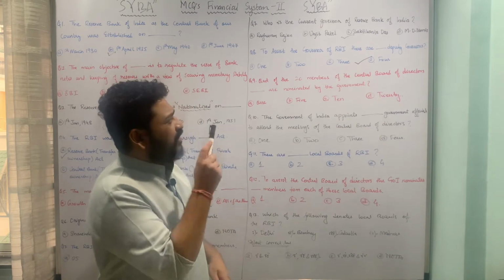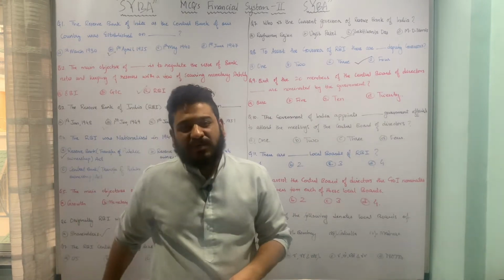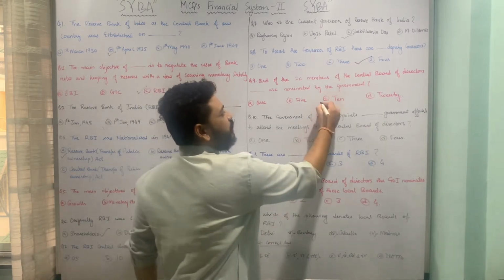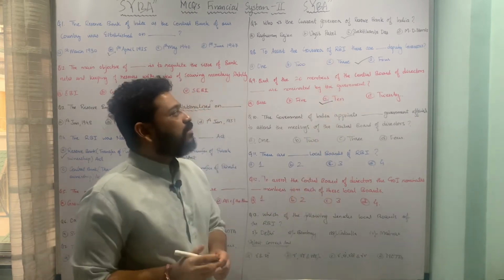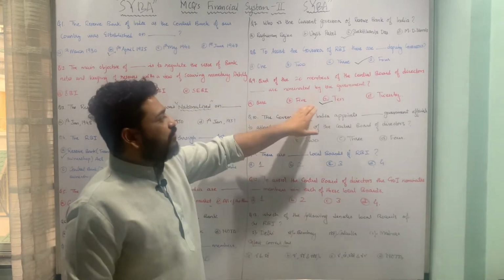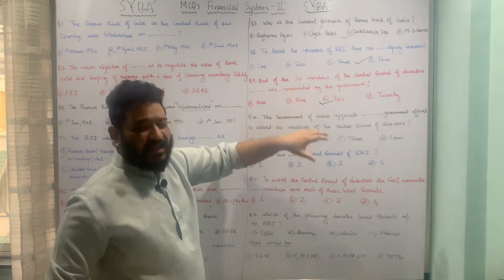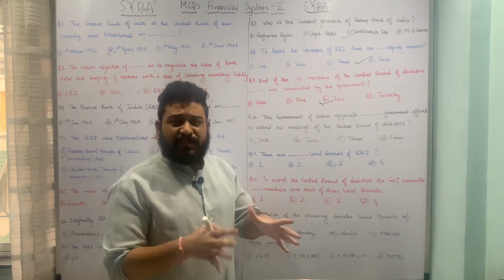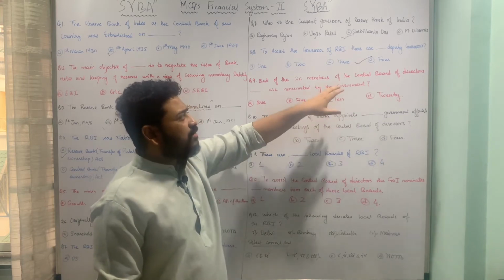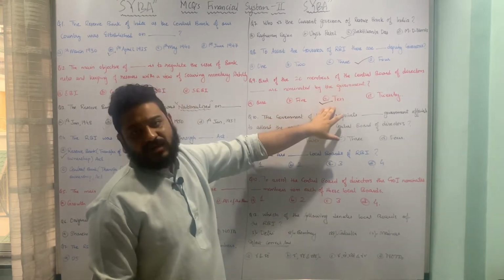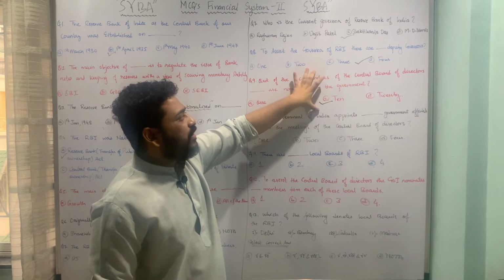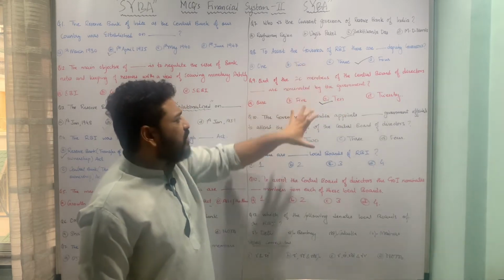So here the correct answer is, out of the 20 members, there are 10 members which are directly nominated by the government of India, and therefore option C is the correct answer to this particular question. So 50% of the Central Board of Directors are nominated by the government. Okay, so 10 are nominated out of 20 by the government. I hope this question is clear. Let us now move to the next one.